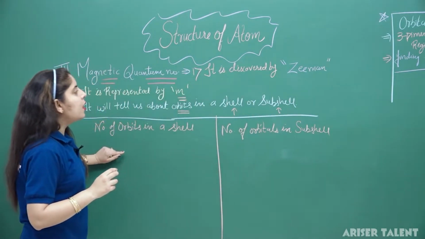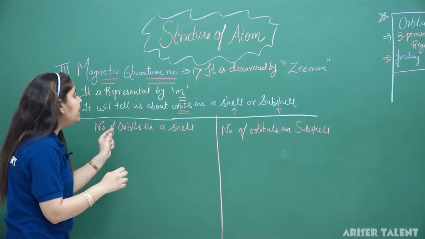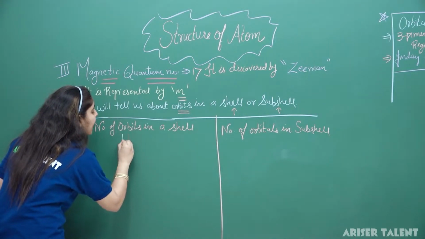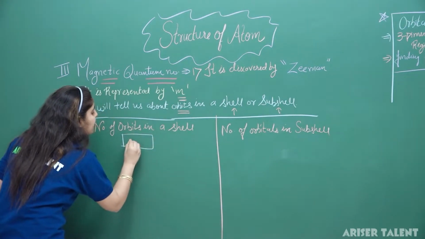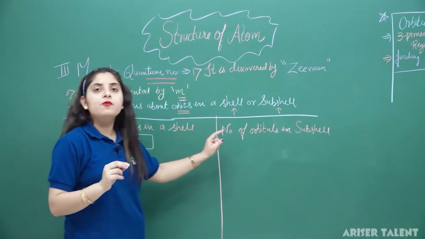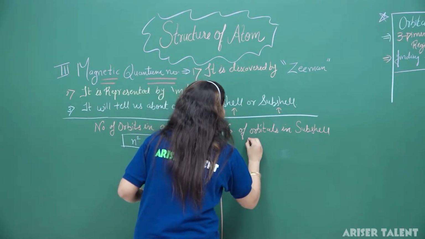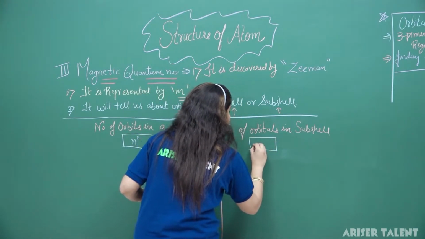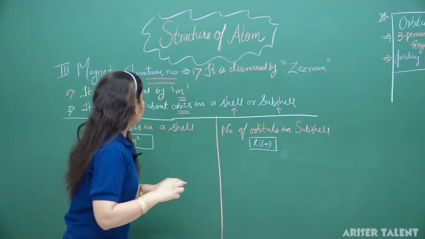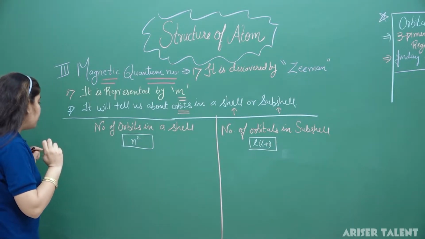So we have two terms for calculating the orbitals in a shell and a subshell. Now how do we calculate the number of orbitals in a shell? For calculating the number of orbitals in a shell, we have the formula n square, but if we want to calculate the number of orbitals in a subshell, we have the formula 2l plus 1. So these are the two formulas for calculating the number of orbitals in a shell or a subshell.